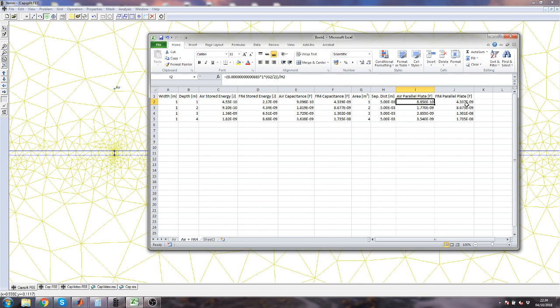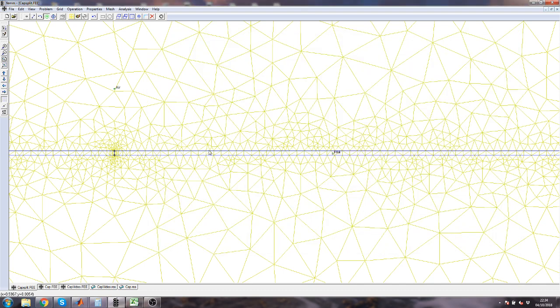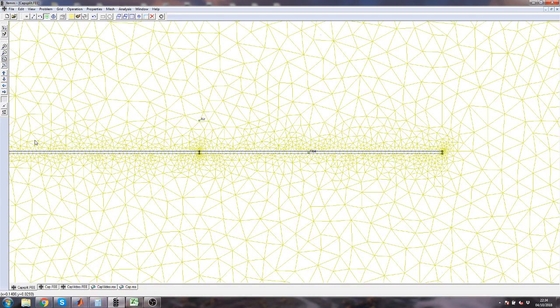In other words, making half this capacitor out of FR4 dielectric doesn't ruin your parallel plate approximation, provided that the distance across the capacitor is great compared to the fringing effects that you would get at the two ends. As long as that applies, then it'll be okay.